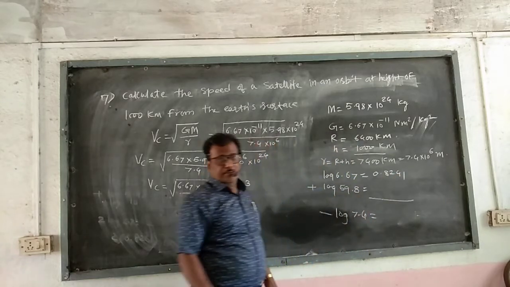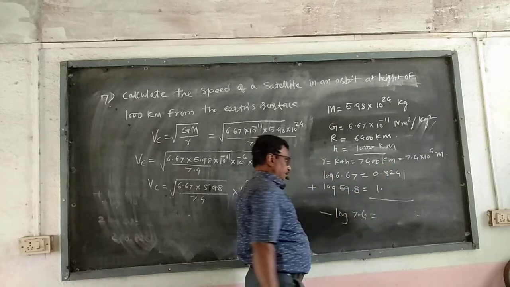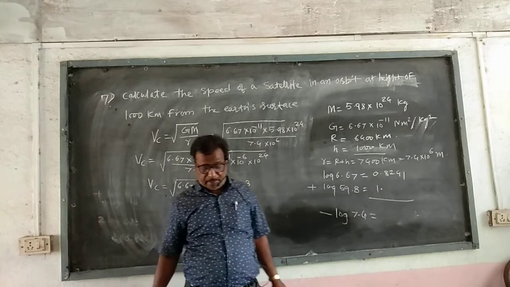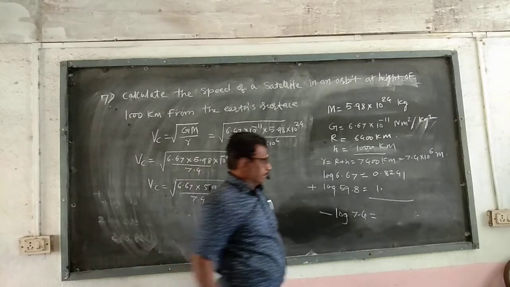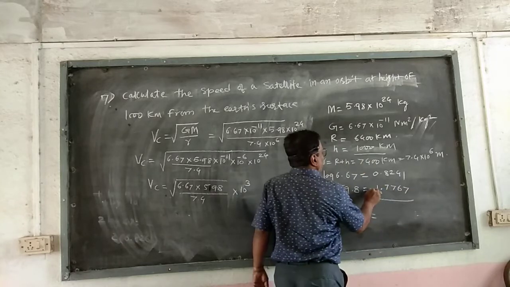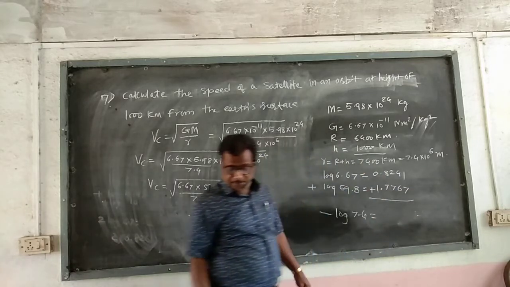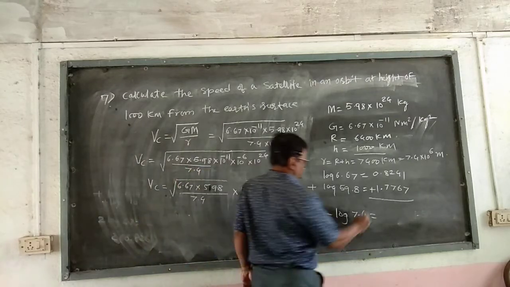Here 59 is a 2 digit number, so we have to take one as the characteristic. Log of 59 headed by 8, that is equal to 1.7767. When we add these two, we get 2.6008.